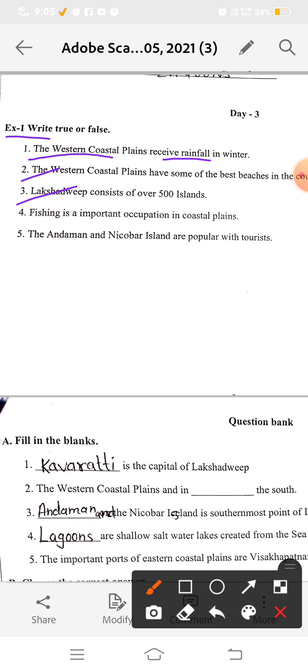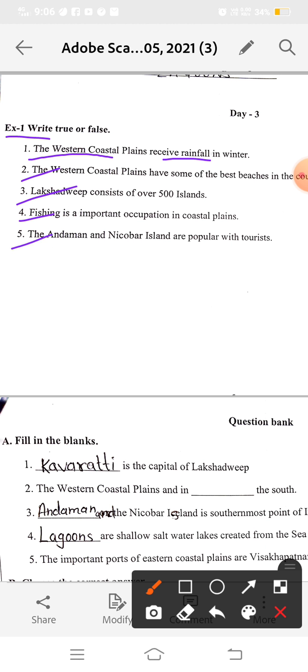Think about it. Because Lakshadweep is a group of only 43 islands. These islands are made up of coral. Now the fourth is, fishing is an important occupation in coastal plains. Yes, fishing is an important occupation in coastal plains because they have water resources, sea or oceans.